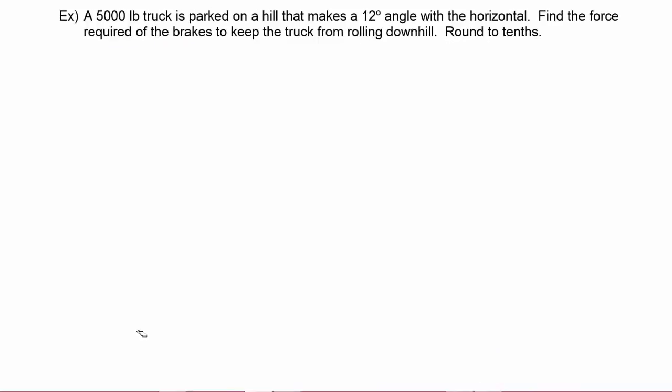In this example, we are given that a 5,000-pound truck is parked on a hill that makes a 12-degree angle with the horizontal. So let's start making a drawing. Here's our hill, and we know that it makes a 12-degree angle with the horizontal.